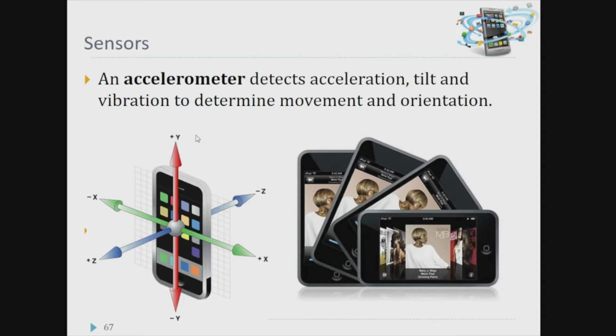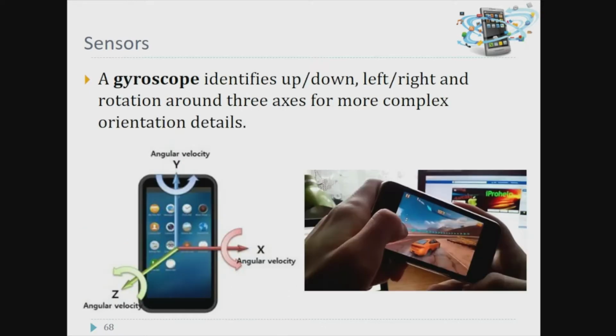Have positive y, negative y, positive z, negative z, positive x, negative x. So based on that, it will determine the orientation of your phone, either you want to make it vertical or horizontal. Okay, it reflects using this sensor that we call accelerometer. It's more on the movement.